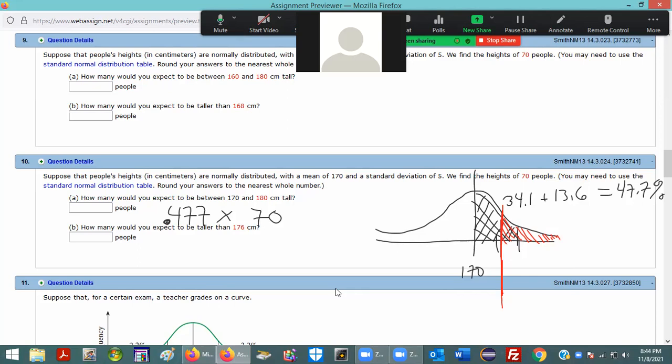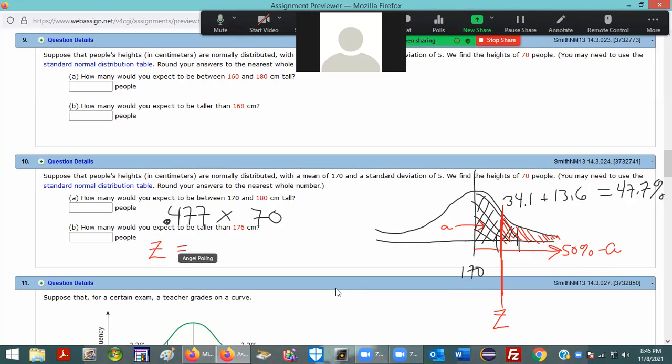And so in order to find that value, because the book gives you what's between the middle and your z-score, you're going to have to take the area the book gives you and subtract it from 50%, right? Because this whole side would be 50%. So we want to take 50% and subtract A, right?